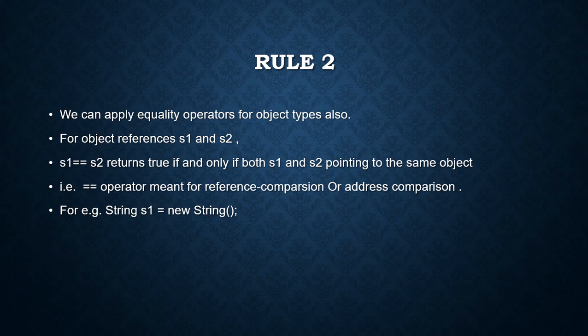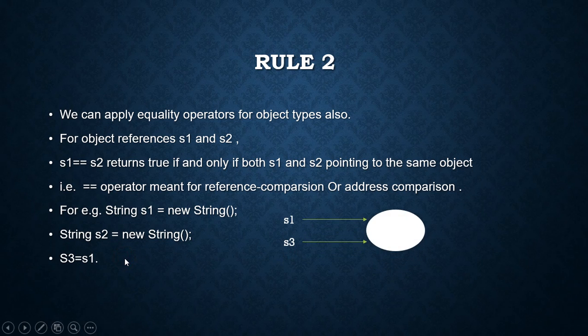Now it is clear to you all. Let's take an example. If I have a string s1, and another string s2, and I compare these two strings, I will get false. But if I create a reference to the first string, s3, and compare s3 with s1, then I will get true. See, s1 is pointing to this object and s2 is pointing to another object.